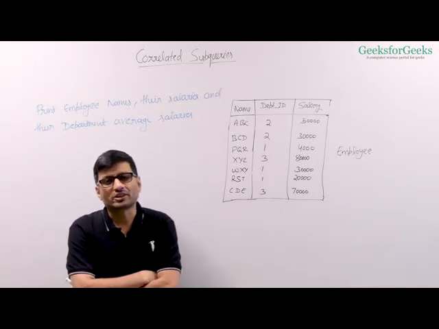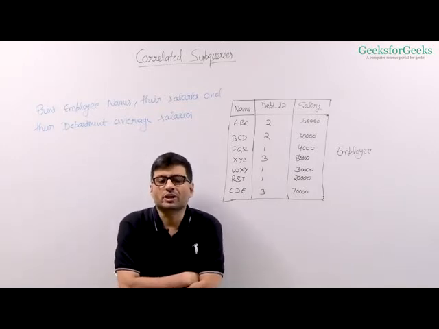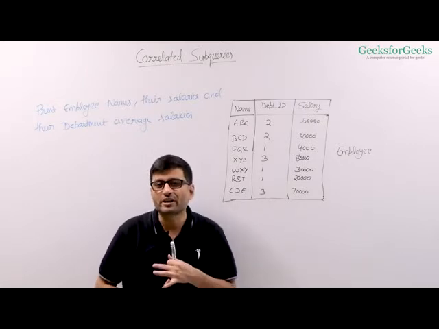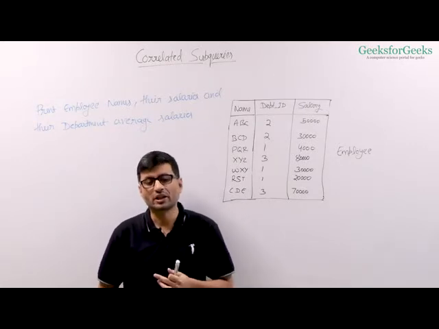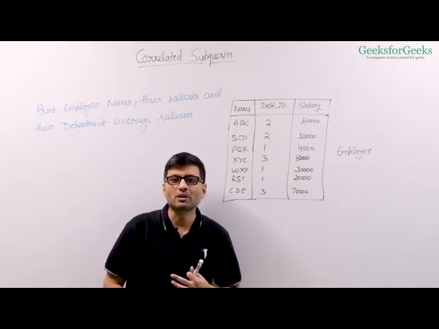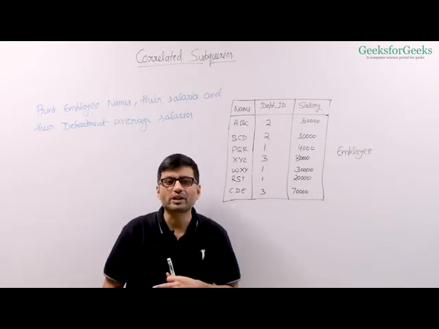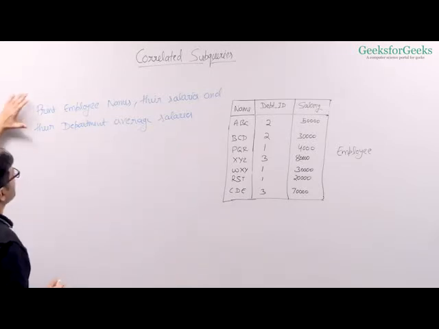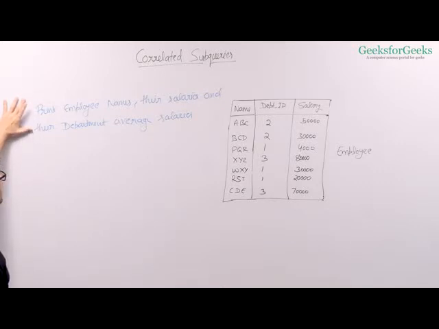The idea is this, you can use correlated subqueries in the select clause, you can use them in update, delete, and many other places. Here I am going to do an example where I'll use a subquery in the select clause. The question says we need to print employee names, their salaries, and their department average salaries.